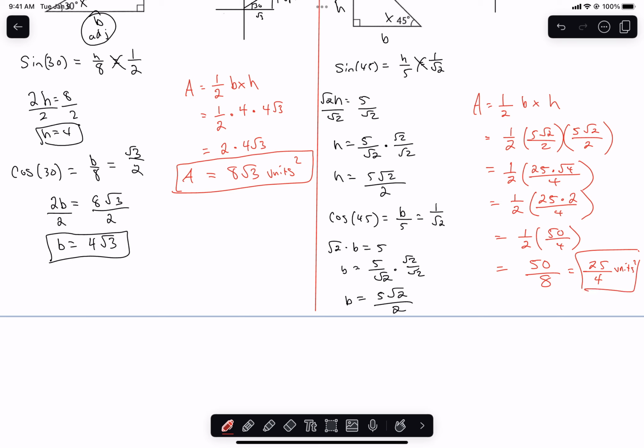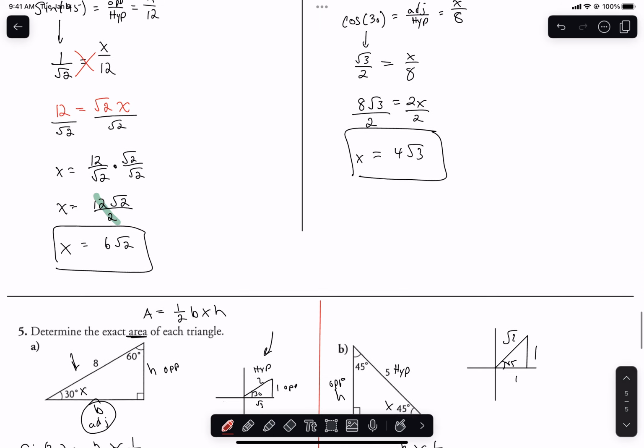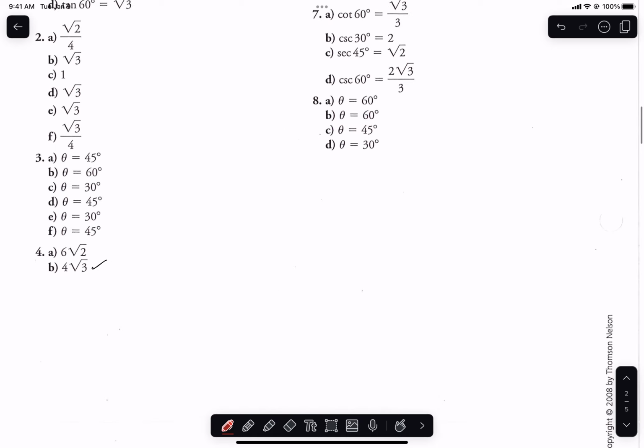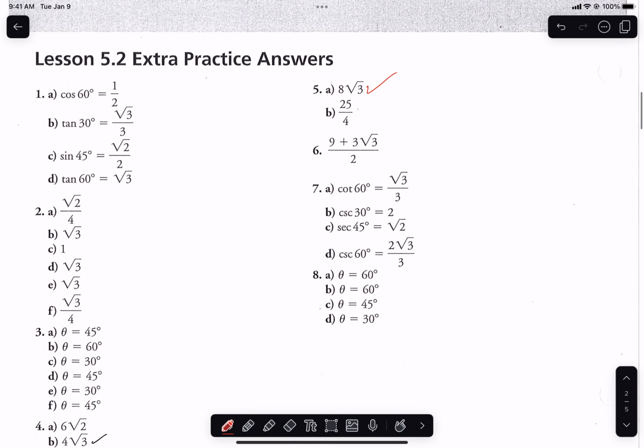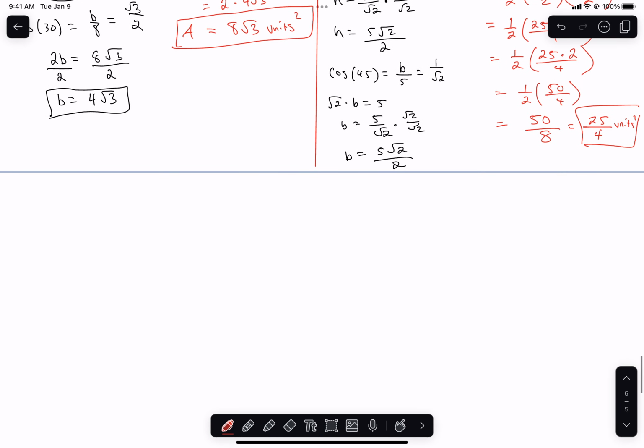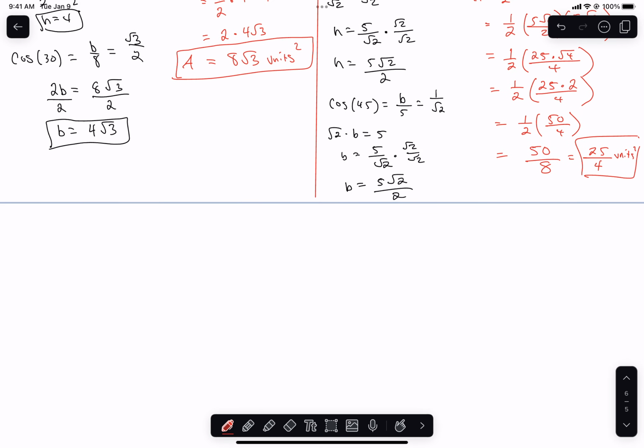Now, as long as I haven't made any mistakes in there, which I don't think I have, let's go check the answer. 25 by 4 units squared, that's 5b, 25 by 4. Okay, so we're good there. Okay, so that's your answer. Good.